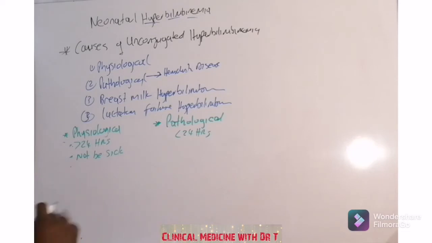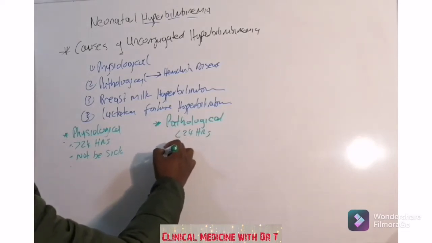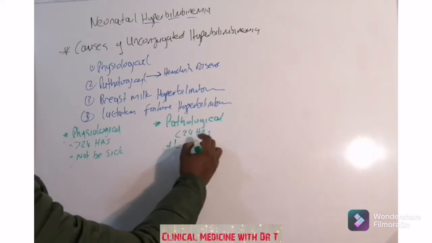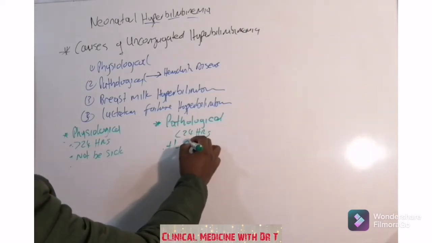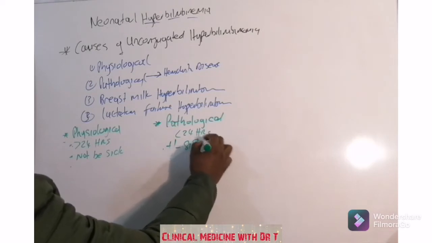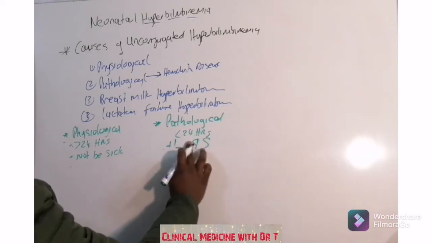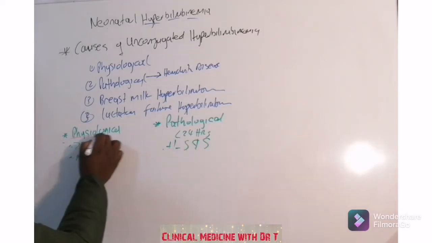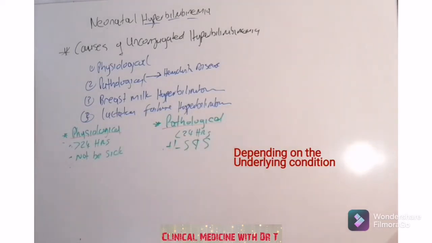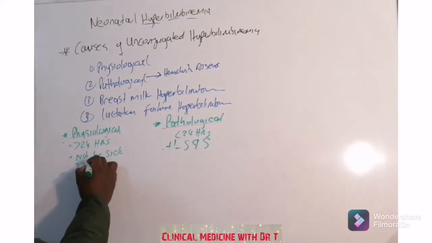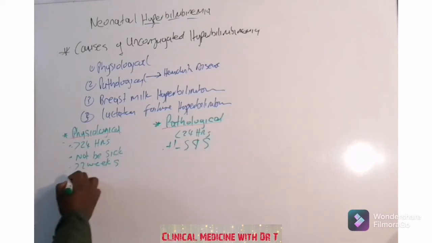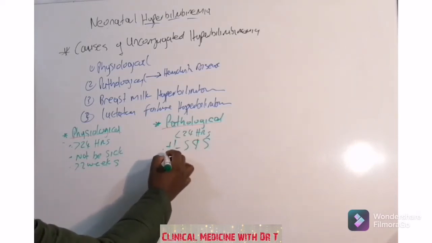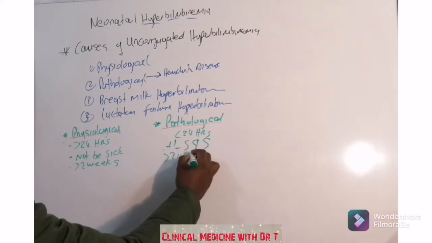And obviously with pathological jaundice, there may be some signs and symptoms of being sick. Physiological jaundice shouldn't last more than 2 weeks. This will persist until the problem is addressed.